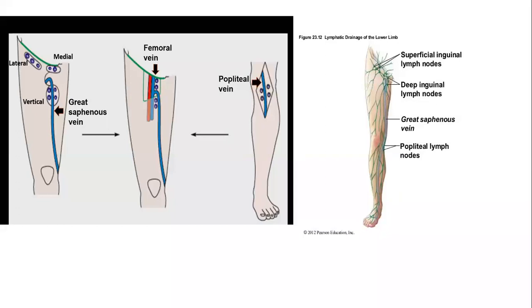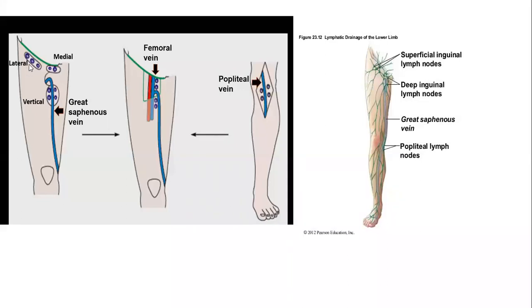The lateral members of the horizontal group of superficial inguinal lymph nodes drain the posterior aspect of the gluteal region and lower part of the back, below the level of the iliac crest of the hip bones.